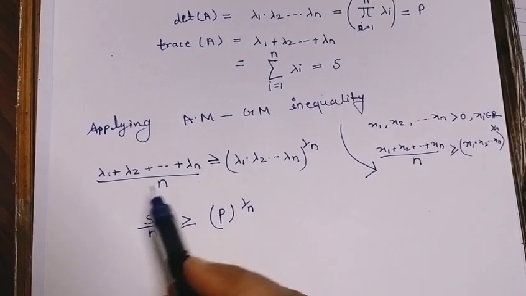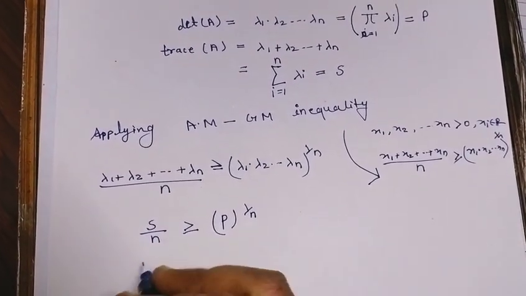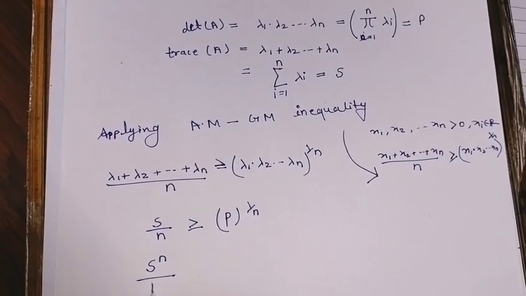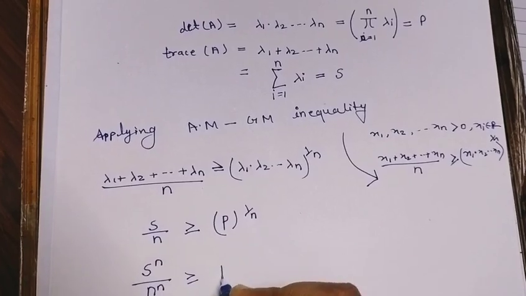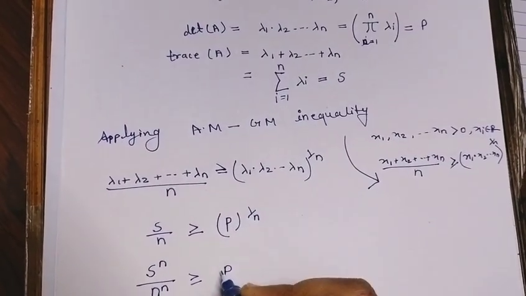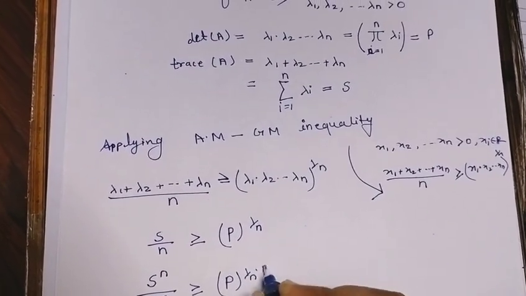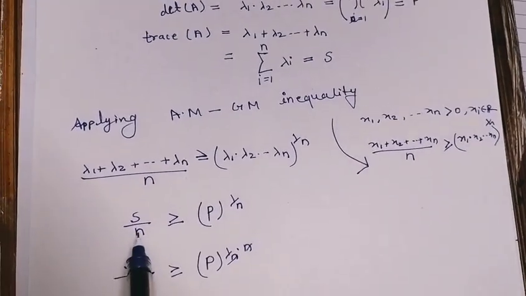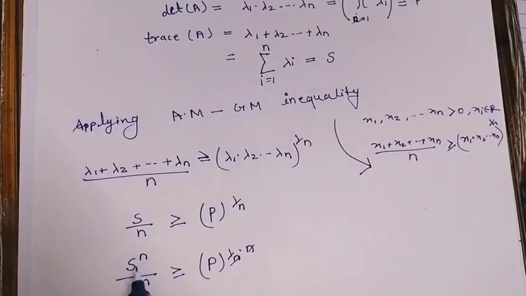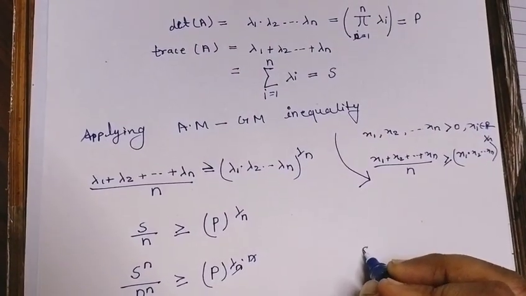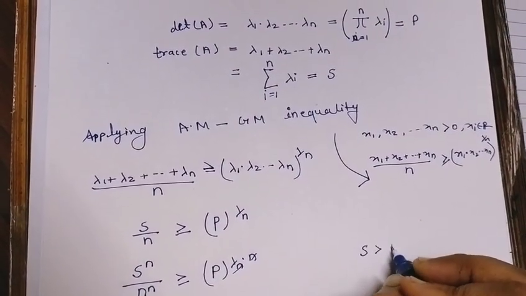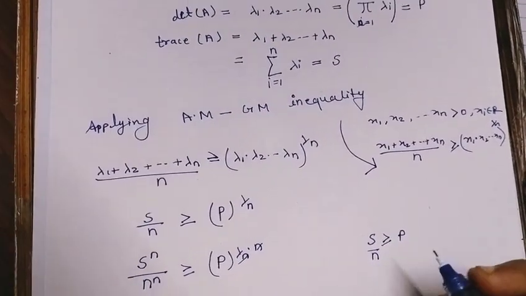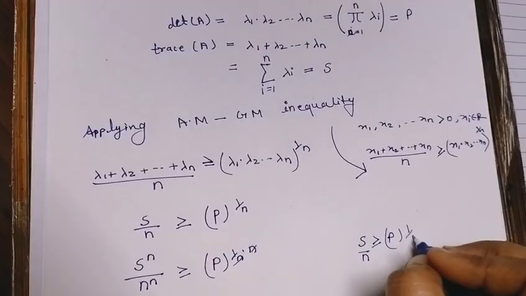I can take nth power on both sides. So S by n raised to the power n is greater than or equal to P, since we take 1 by n into power n. So what we can see from here is sum is greater than product, sum is greater than product power n.